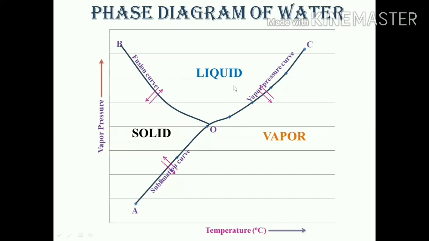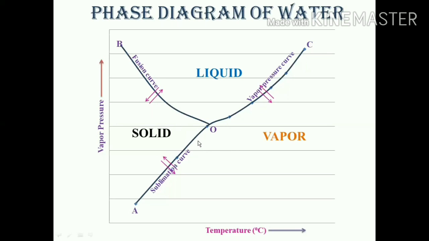So what do we gain from this now? That the phase diagram of water consists mainly of two parts up till now that we have studied, that is the curves and the areas. The curves represent the equilibrium state between the two phases of water between which they lie.